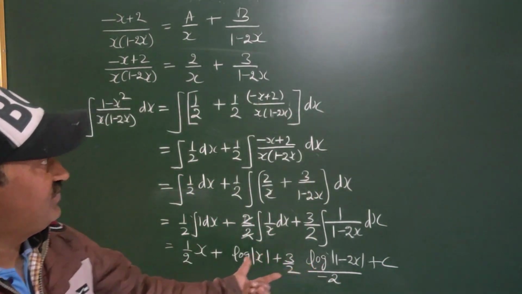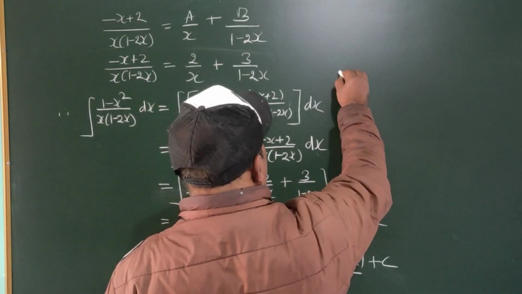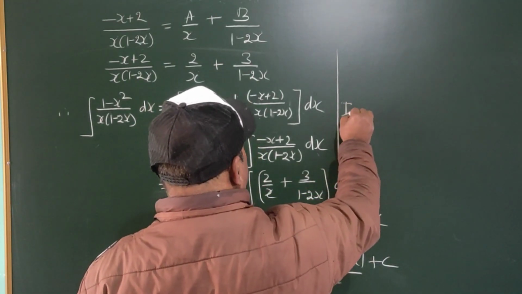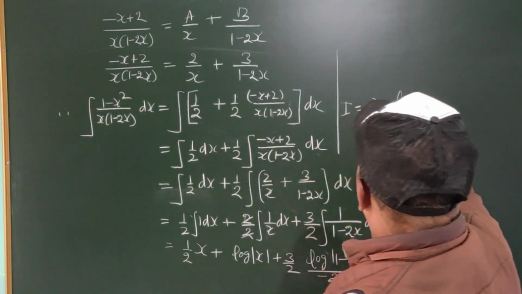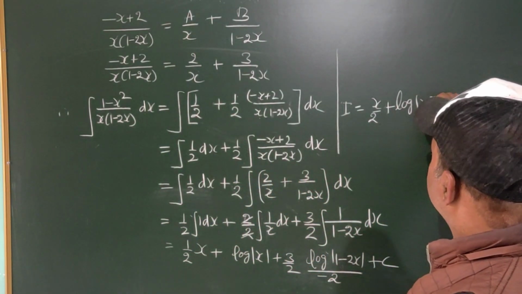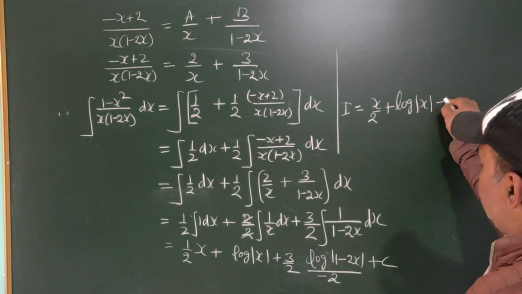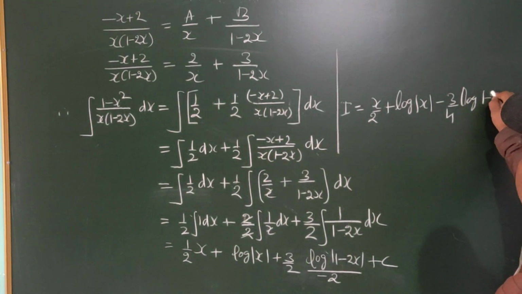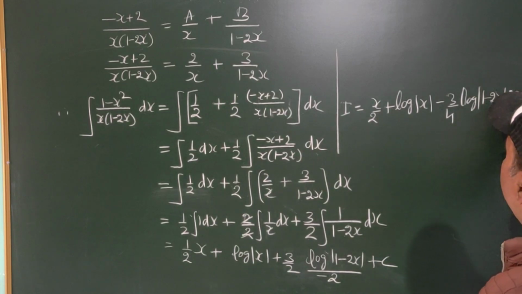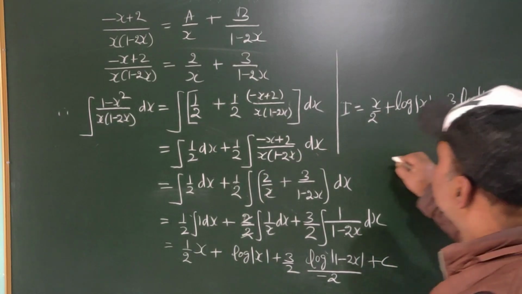Hence the answer of this question becomes I is equal to x/2 + log|x| - 3/4 log|1 - 2x| plus the constant of integration c.